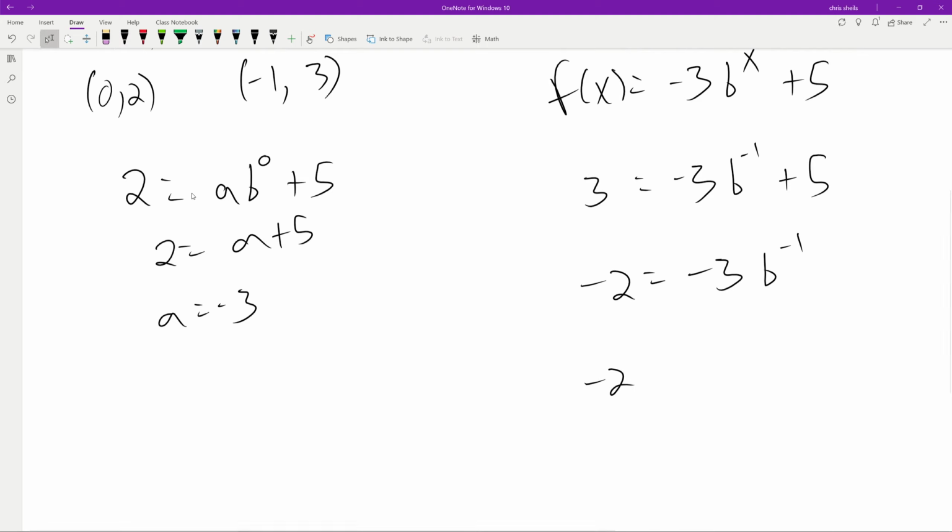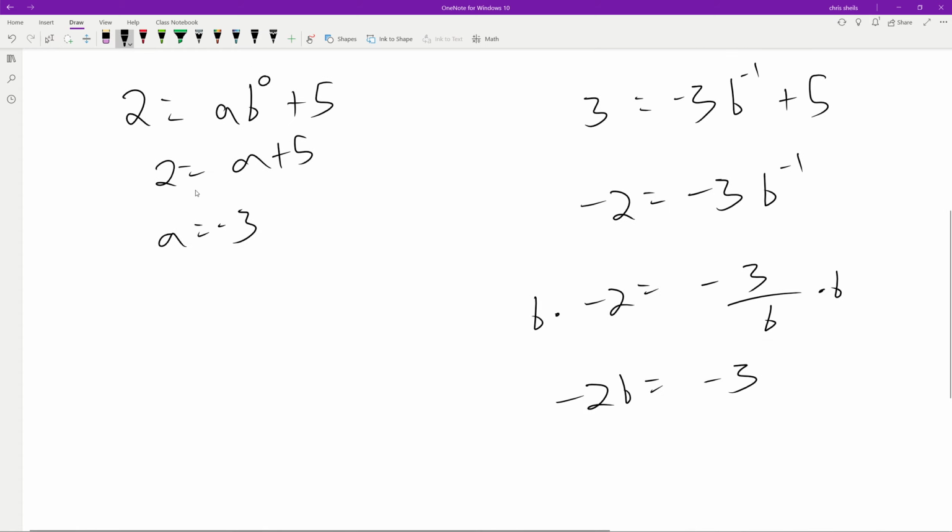This is -2 equals -3 divided by b. If I multiply both sides by b, I get -2b equals -3. And dividing both sides by -2, I get that b is -3 over -2, which is positive 3 over 2.